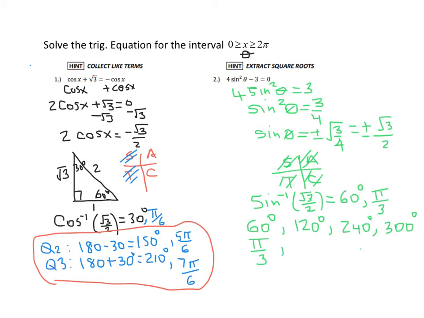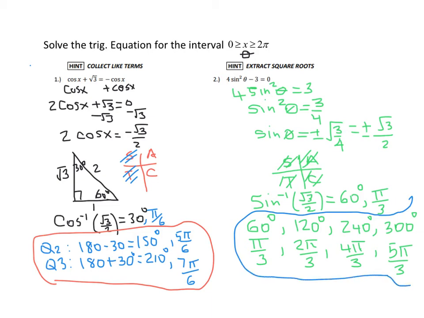This is 120, so it's 2 pi over 3. For the next one, I multiply 60 by 4, so 4 pi over 3. And then this one, I multiply by 5, so 5 pi over 3. And there is my solution. So all those angles, that's how to solve it.